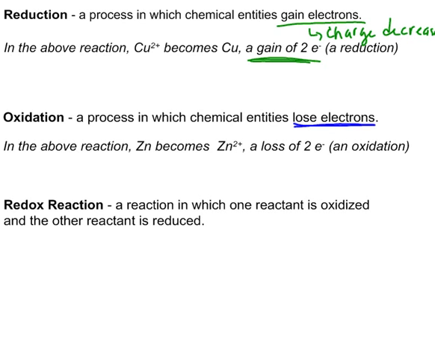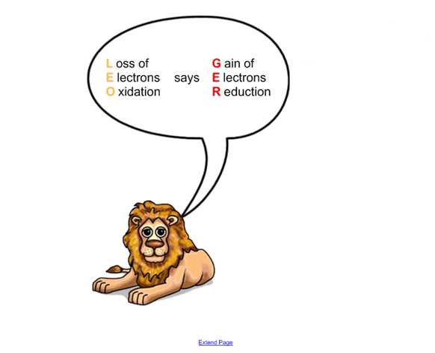A redox reaction, like I've said before, is a reaction where one reactant is oxidized and the other reactant gets reduced. Here are a couple of mnemonics to help you remember the difference between reduction and oxidation. The first one is Leo the lion says grr. It's silly, but it works because LEO stands for loss of electrons, meaning oxidation, and GER stands for gain of electrons, which is reduction.